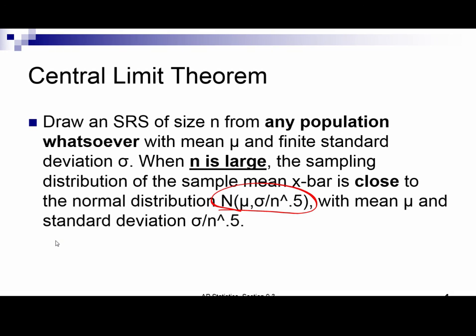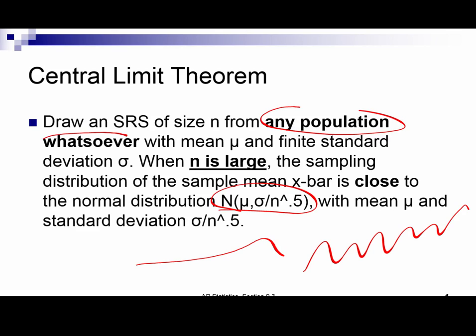I have a funky population, right? It could be skewed. It could be super skewed. It could be the weirdest, ugliest thing that you could ever think about. That's why it's saying any population whatsoever. As long as n, and what is n, people?